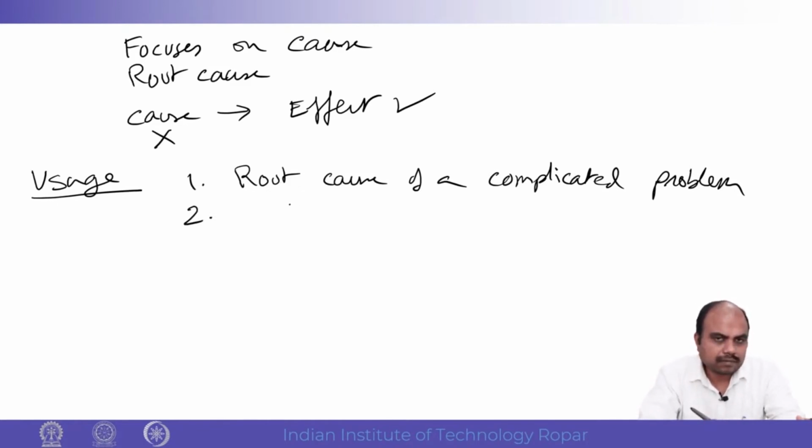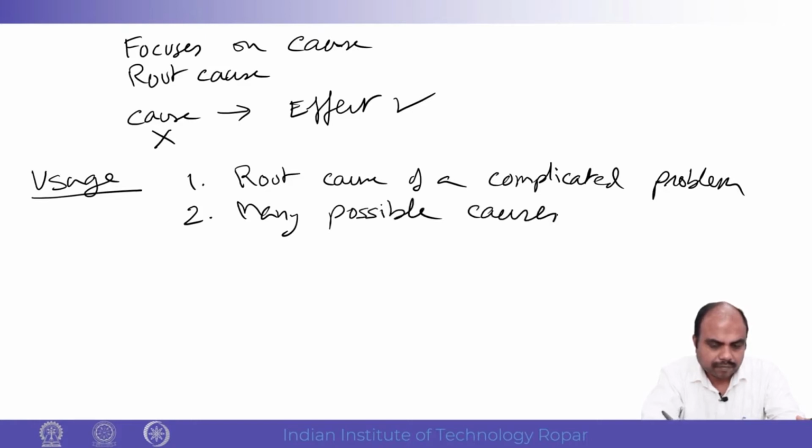It is also used when there are many possible causes. And the traditional way of finding, no, this is the cause of this, is sometimes very difficult. So then we can use this technique.